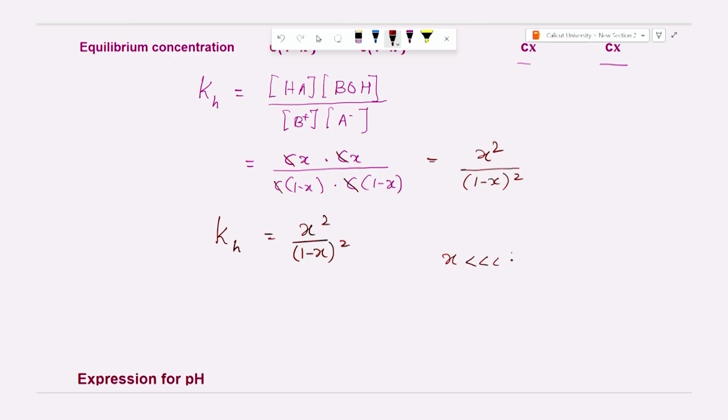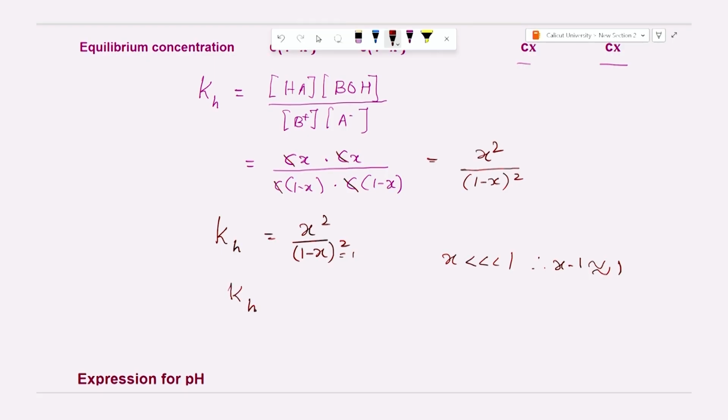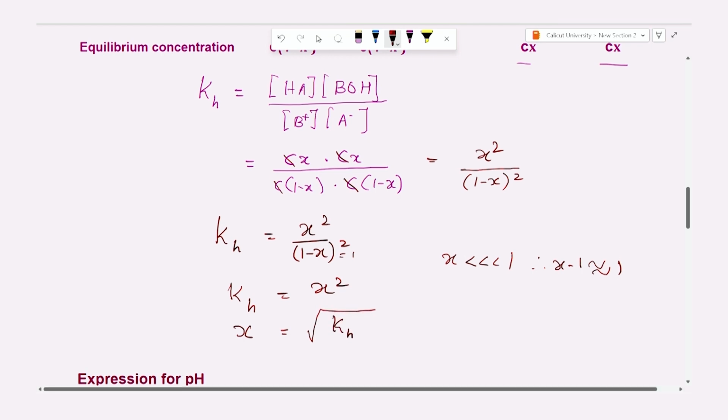Now, we are going for an approximation. What we are going to do is, as we have done earlier, x is considered to be very low value compared to 1, and therefore, you can put 1 minus x approximately equal to 1. So, the denominator term becomes 1 and I can put the hydrolysis constant Kh is equal to x square, okay, and therefore, degree of hydrolysis x will be equal to square root of Kh.